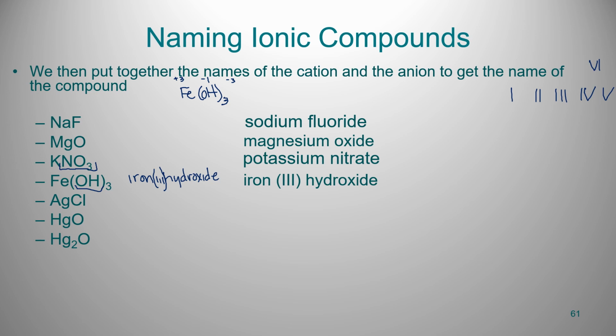So, silver chloride. Again, I would look on the periodic table. Silver technically is in the transition metals, so my rule would be to give it a Roman numeral. Now this is a funny one. Notice there's no Roman numeral. So again, I didn't make up these rules, but chemists in general don't put a Roman numeral after silver chloride, because silver, even though it's a transition metal, only forms one ion.